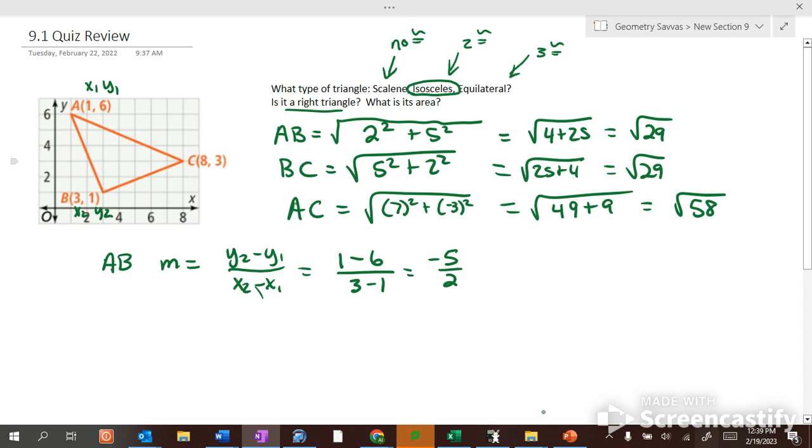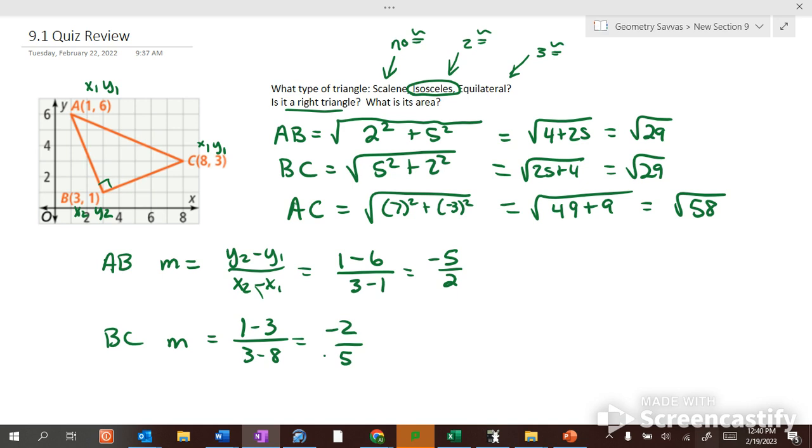Now this looks like a right angle right here, but to be sure, we've got to figure out what the slope of BC is. So let's make this one x1 and y1, not x2, y2. So y2 minus y1, 1 minus 3 over x2 minus x1, 3 minus 8, we get negative 2 over negative 5, which is a positive 2/5.